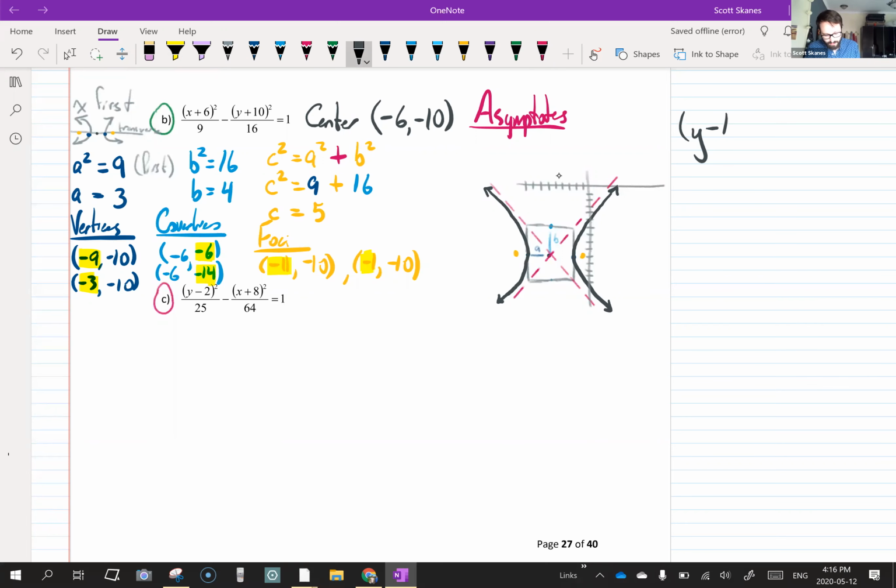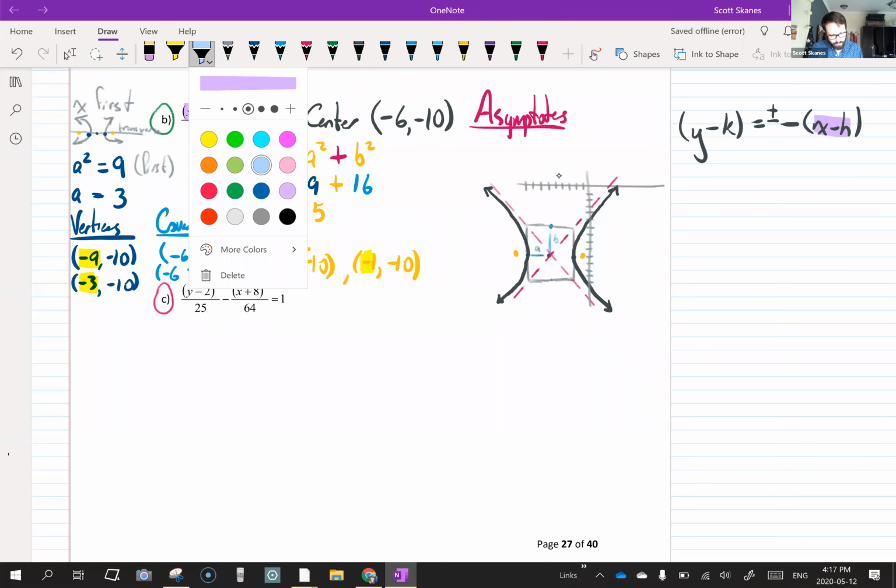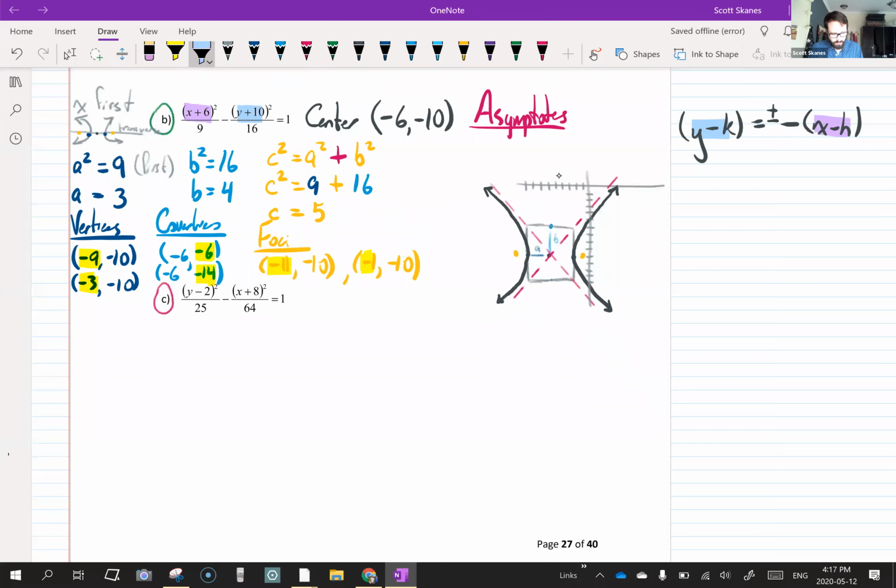It's y minus k equals plus or minus something over something times x minus h. You put the term with the a on top, the term with the b on bottom. Notice I can steal this x minus h, it's already there. And this y minus k is also already there. So we don't need to worry about that. We just steal it.